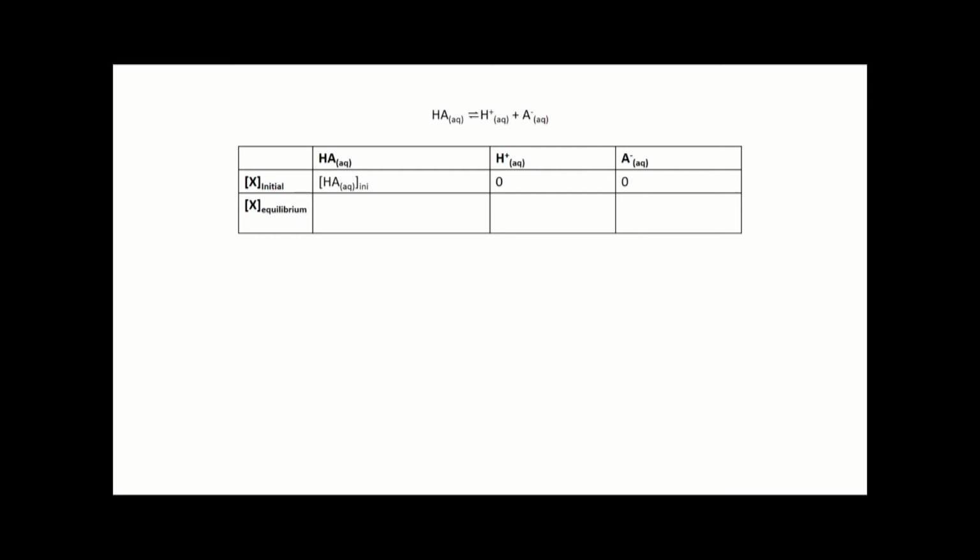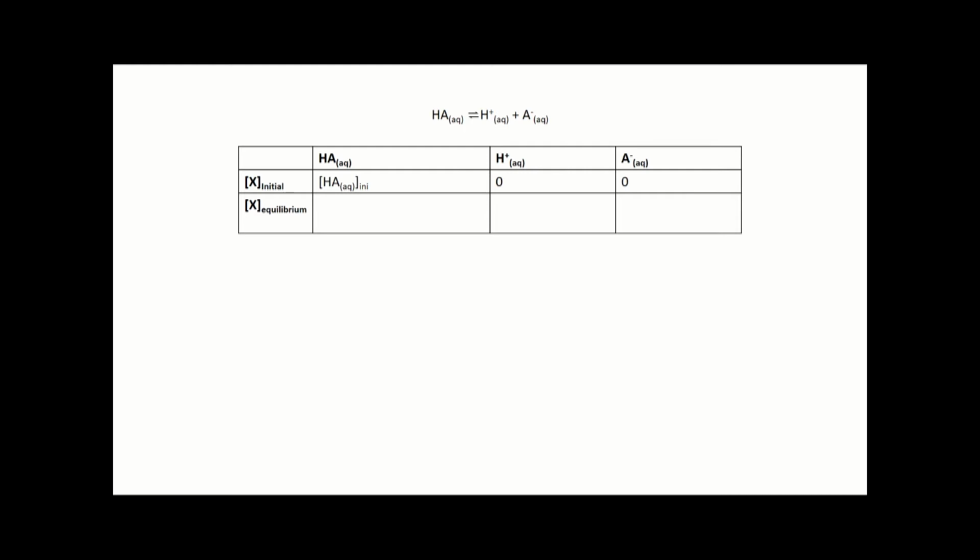We start with no products, and gradually that reaches equilibrium. I've called the initial concentration of HA there, so let's say we were adding solid citric acid to water. We'd know the amount in moles that we're adding, and we'd know the volume, so we could work out the concentration that way. So I've called that HA(aq) ini, for initial.